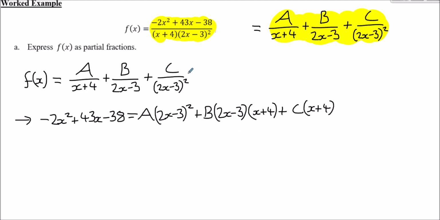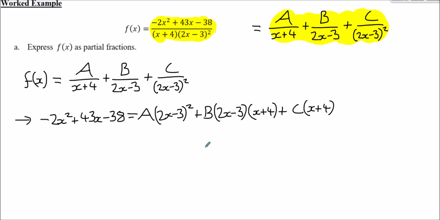We're not actually using the function, we're just investigating to find what these constant terms a, b, and c actually would be. So there's no harm in using x equals minus 4 or x equals 3 over 2 for just finding what a, b, and c are. It's a different process to actually inputting them into the function and trying to graph it.